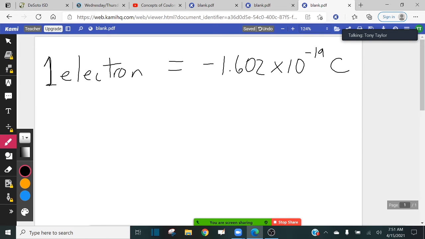C here means coulombs. And guys, this is the standard unit for charge. C is the unit for charge, the coulomb.